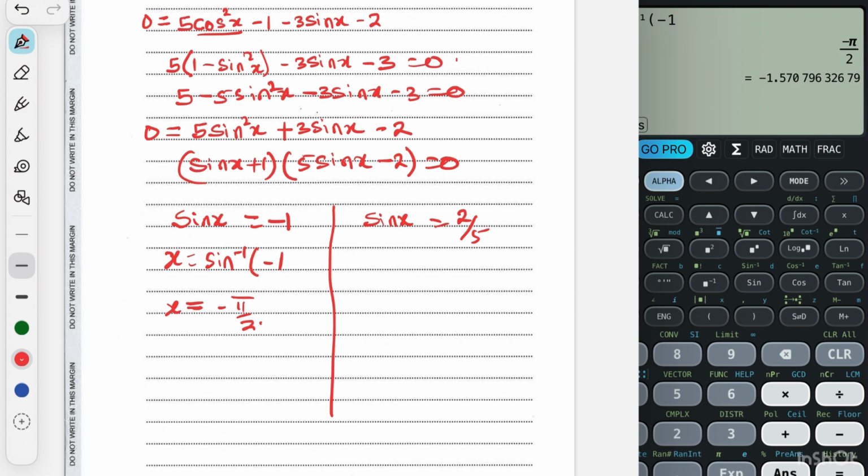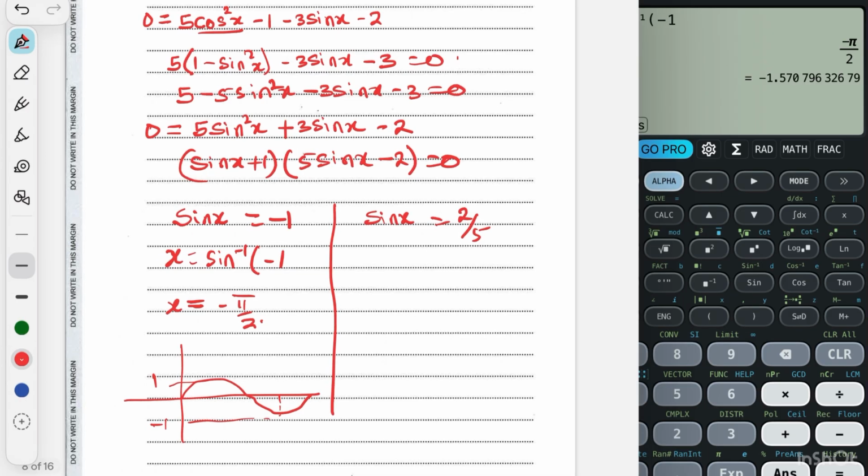So CAST diagram can help you sometimes. So if you imagine the graph of sine, right? This is graph of sine. So this is minus 1, this is 1. So sine inverse of minus 1 is pi by 2, 90, right?